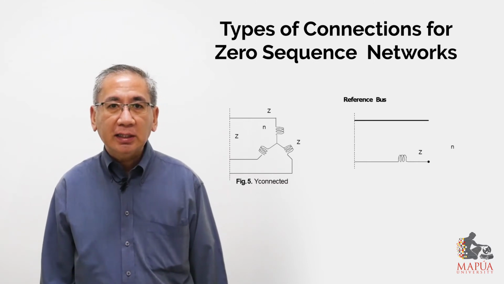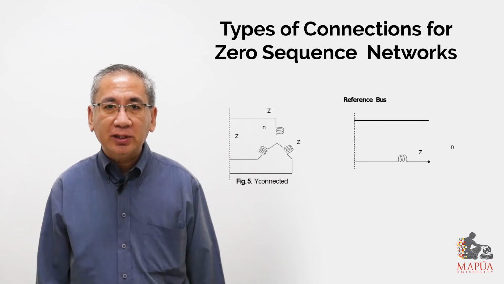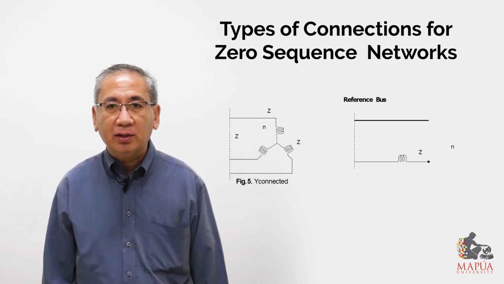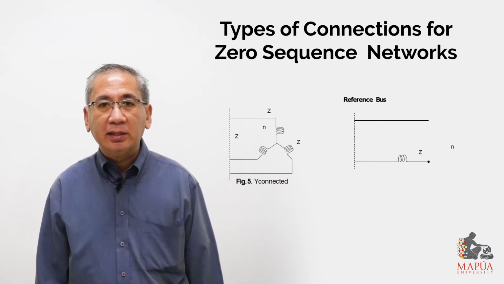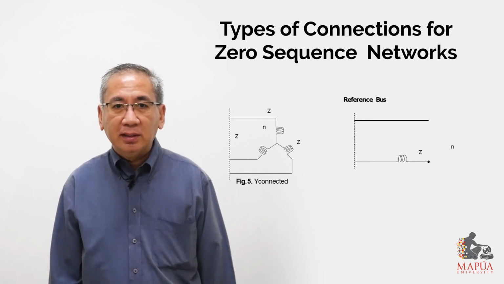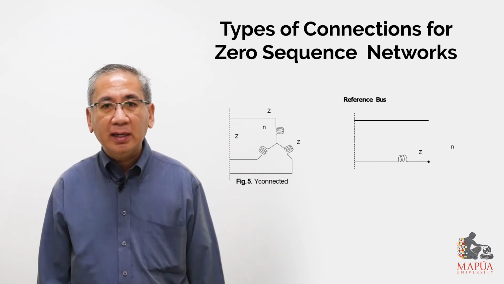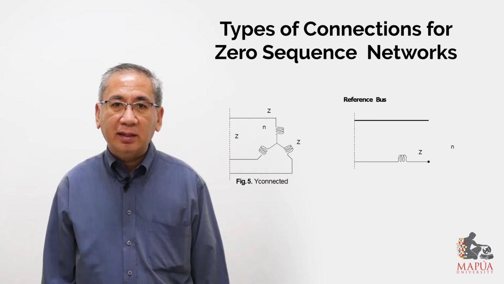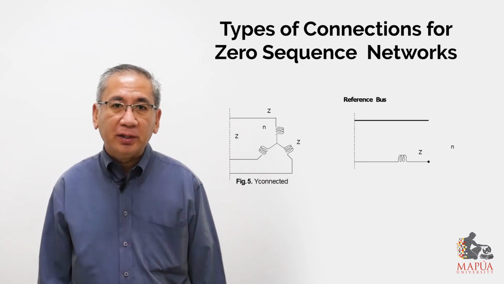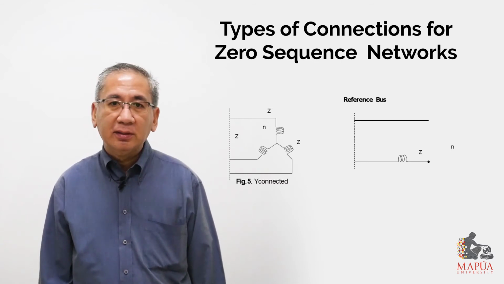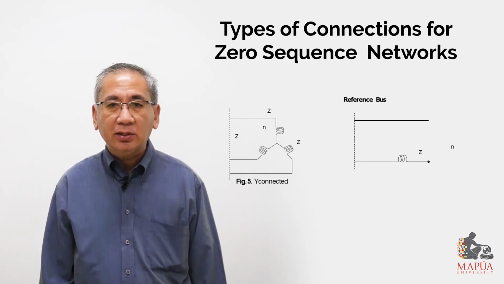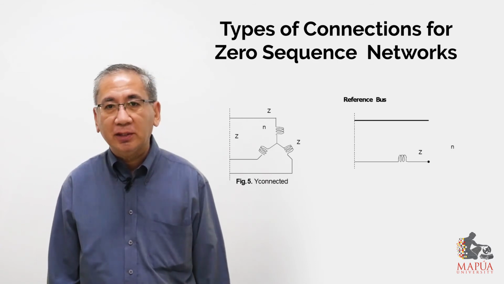This in fact is indicated by an open circuit in the zero sequence network between the Y connected circuit and the reference bus. So in that diagram, we have a Y connected transformer that is not Y grounded. So we can say that the zero sequence impedance of that transformer is just hanging.